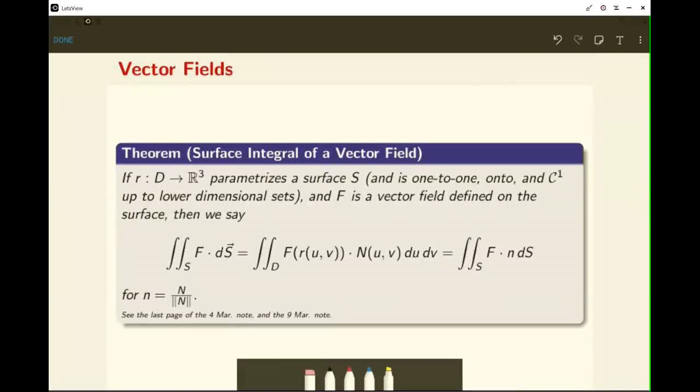And here it's going to be very similar, that we want to just evaluate our vector field along the parameterization, and incorporate the normal direction. And here we're going to do that by just taking the dot product of our vector field in terms of u and v with that normal vector itself. And so its scaling factor is going to account for the norm, but we also need the direction.